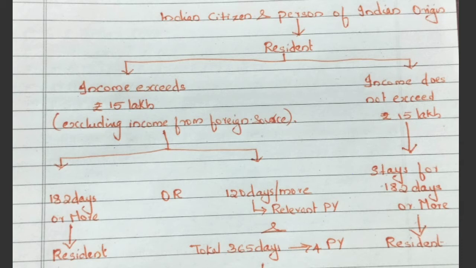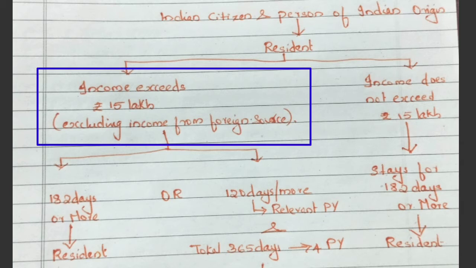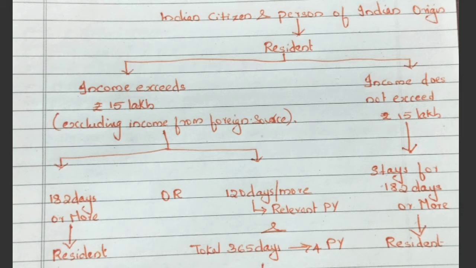So now, in case of an Indian citizen or person of Indian origin whose total income excluding the income from foreign source exceeds rupees 15 lakh during the previous year, for such people we have to look at two conditions. The first condition is that he stays in India for 182 days or more, then he becomes a resident.